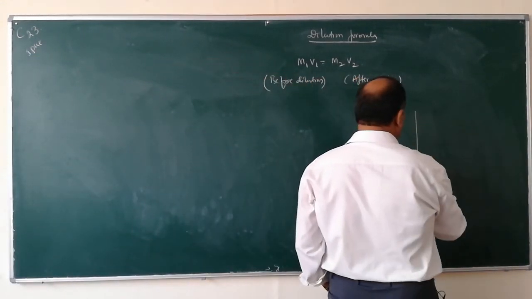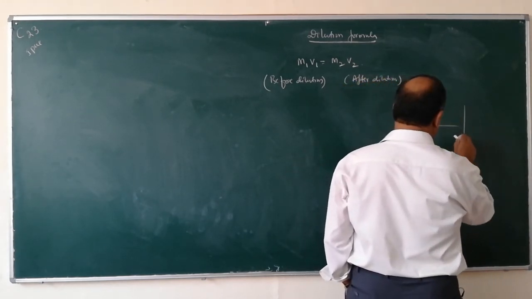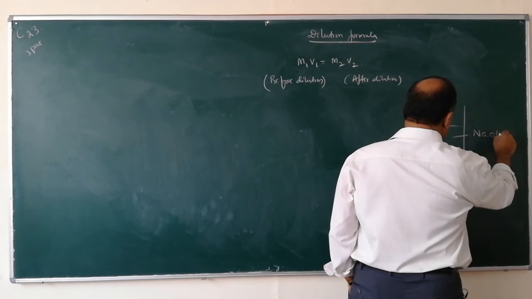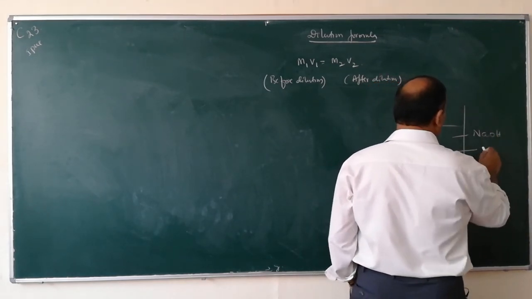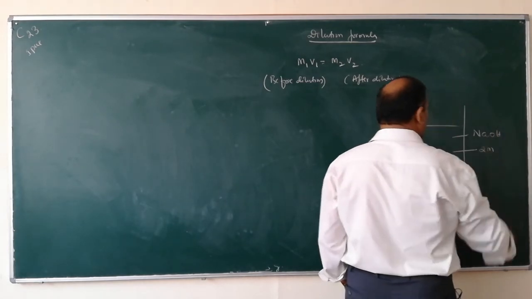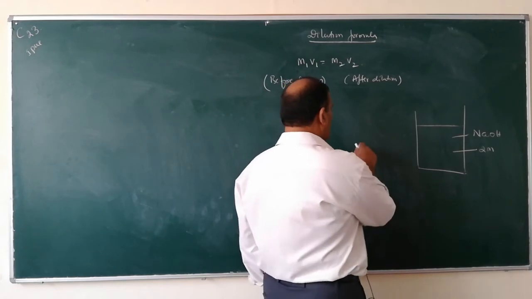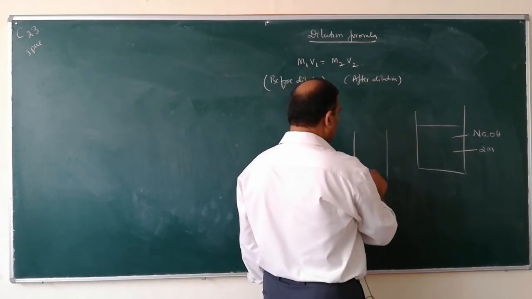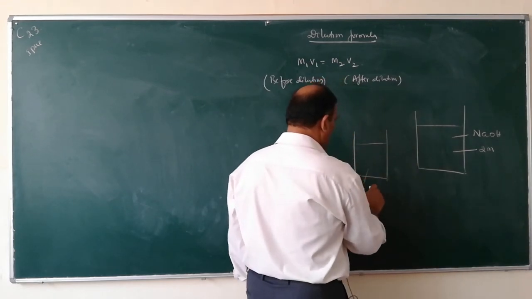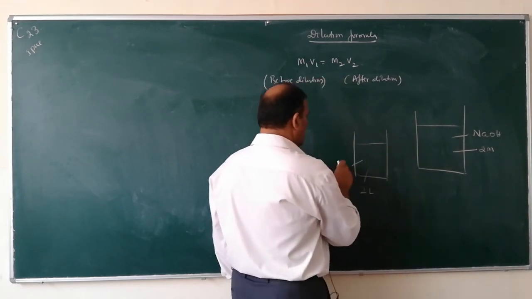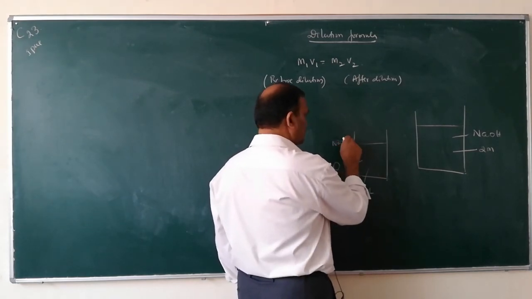Suppose I have a solution like this. Say, for example, this is sodium hydroxide, and its molarity is 2 molar. I want 2 liters of 0.1 molar sodium hydroxide.